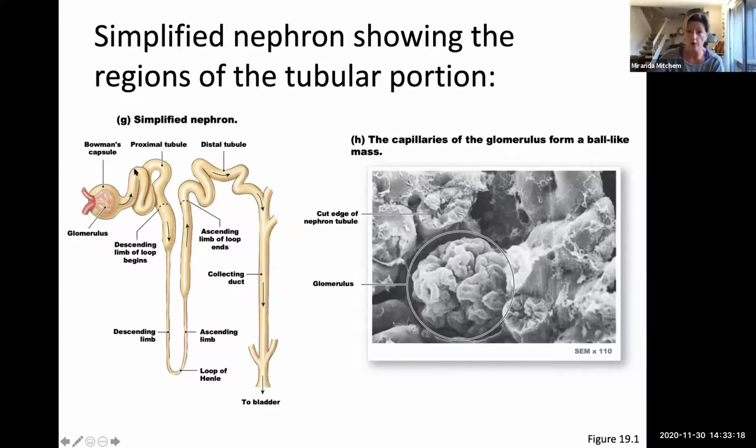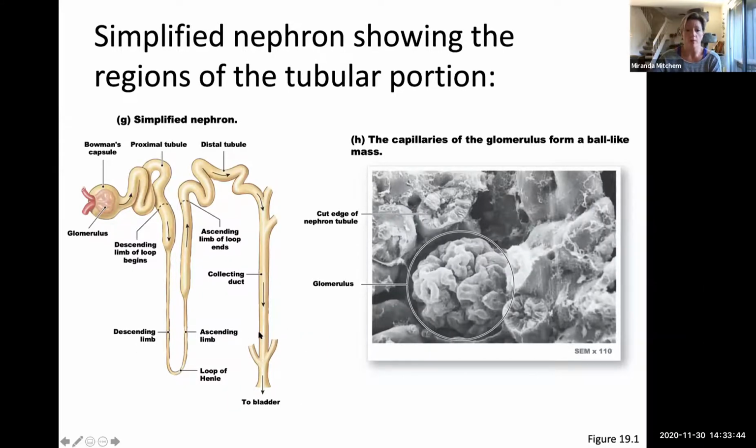And there's a lot of folding of it. And then the proximal tubule descends into the descending loop of Henle. And then we have an ascending loop of Henle, which then feeds to the distal tubule. And then finally to the collecting duct, which goes to the bladder.